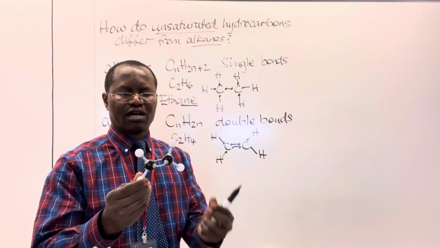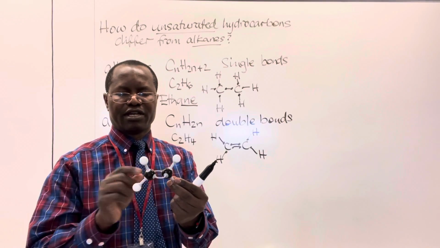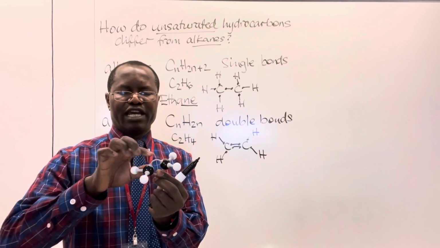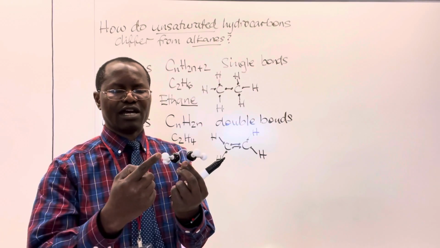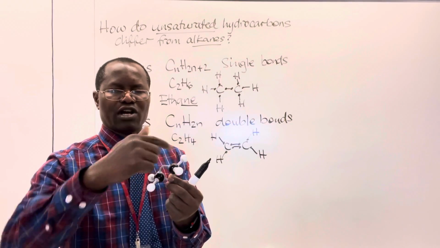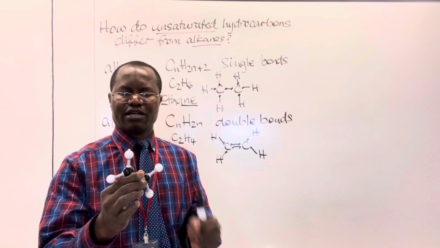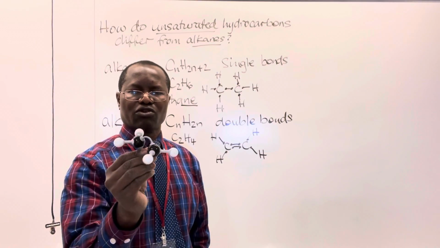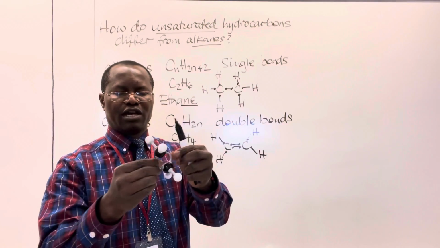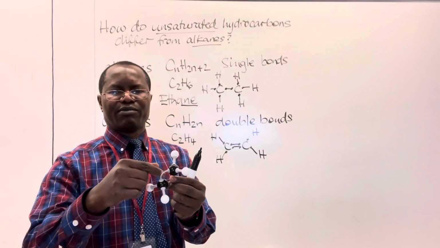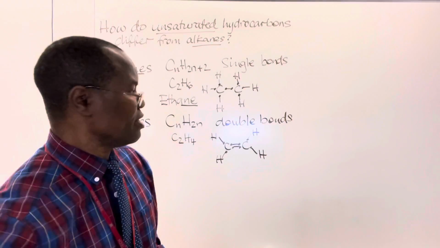The black balls are the carbons, and they are connected by a double bond here, and over here we have 2 hydrogen atoms each. There's still room here. We can break the double bond and add some hydrogen.